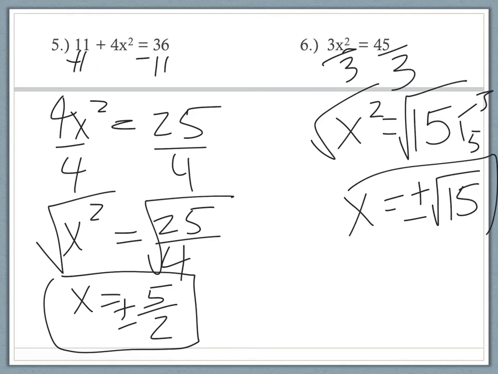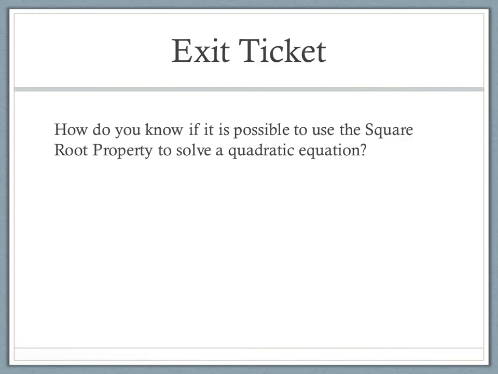All right. So the big thing to take away is remember that we have that plus or minus sign anytime we square root both sides. And always try to reduce your radical if you can. So how do you know it's possible for you to use the square root property to solve a quadratic? The only time you can use it is when you have an x squared and a c term.